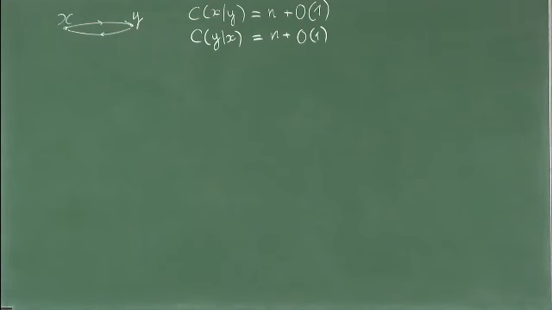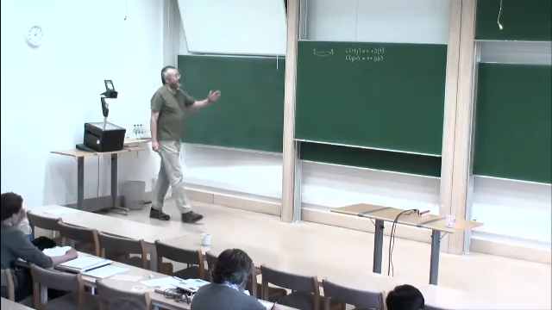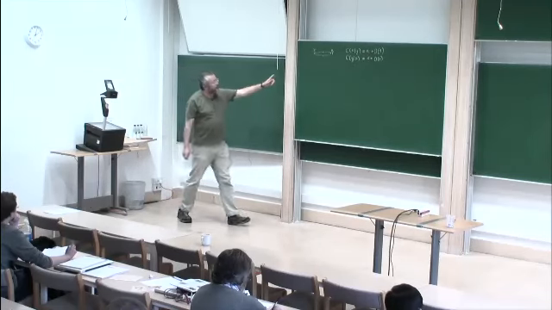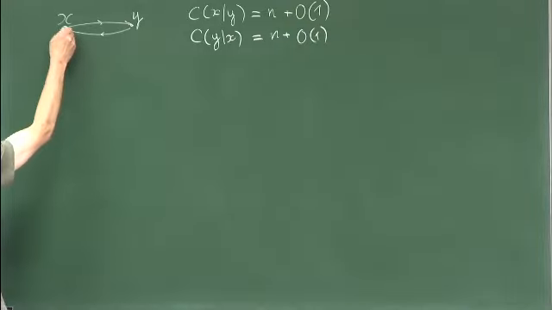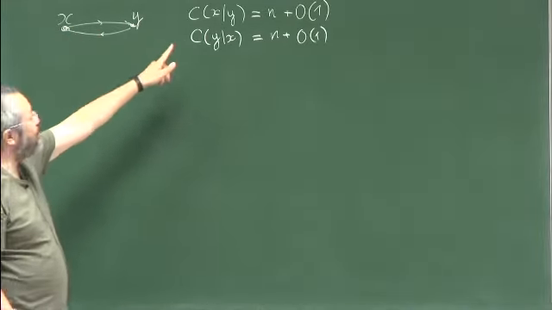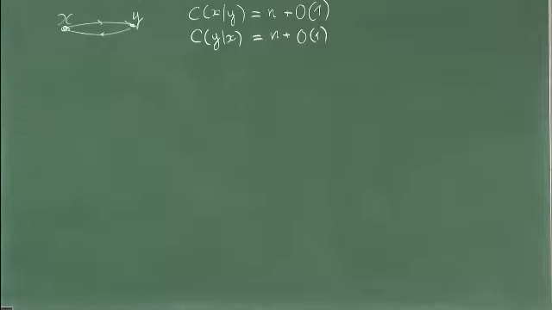And of course, as you can see immediately from the statement, it's not always possible, because if x is simple itself, then of course it cannot have high complexity given y. So we need to assume something about the complexity of x.